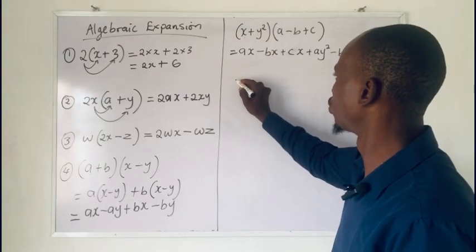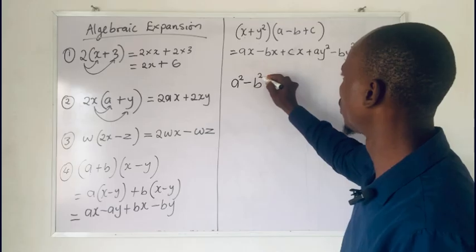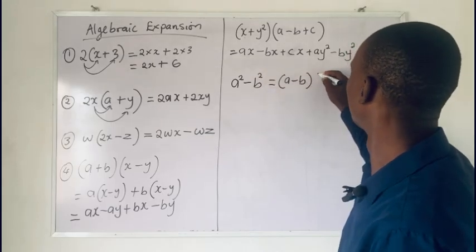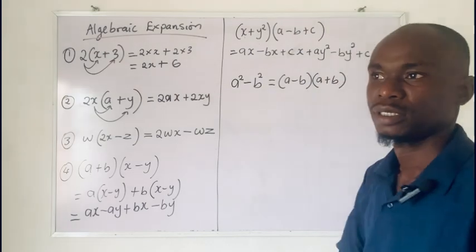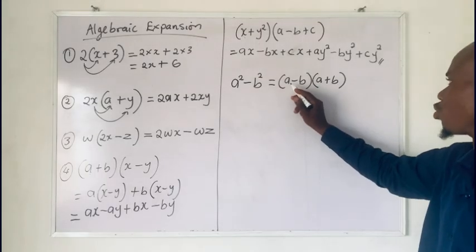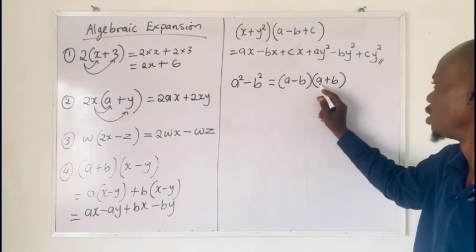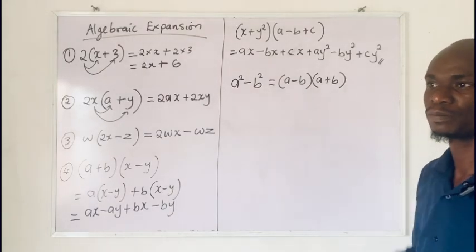Difference of two squares says a squared minus b squared is equal to a minus b times a plus b. If I see two terms like this, you can see it contains only two letters, a and b. The difference is the minus and the plus.